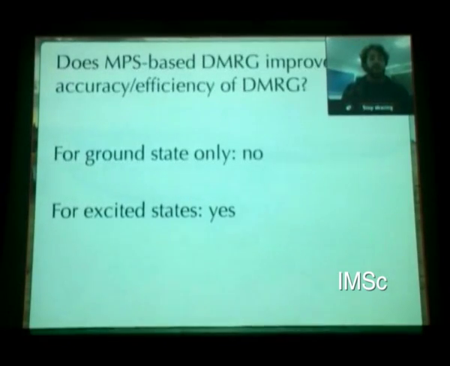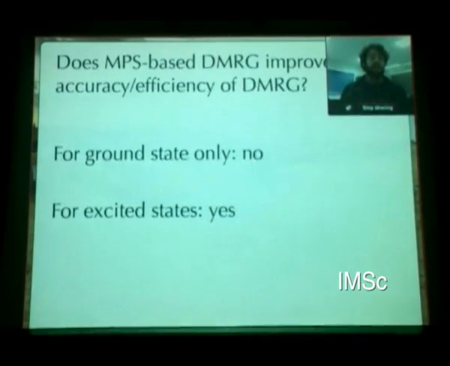This is a subtle question, and other people might disagree with my answer. But I would say the short answer is that if you just do DMRG for the ground state, either in MPS language or using the traditional DMRG, basically not much. You get the same answer and the efficiency is basically the same.